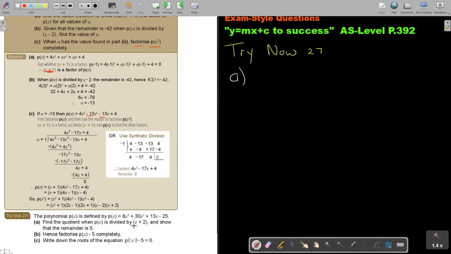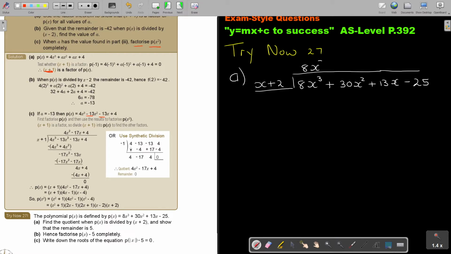I know that it's divided by x plus 2. So just go there and say x plus 2. And what is it? It's 8x^3 plus 30x^2 plus 13x minus 25. Now, if I divide, I get 8x squared.